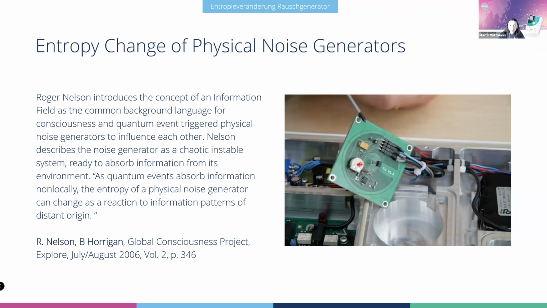As quantum events absorb information non-locally, the entropy of a physical noise generator can change as a reaction to information patterns from distant origin. And that's also very important. Since we are talking about entanglement, and as we heard from Mr. Bean in the beginning, things can be entangled over long distances. That's why information field analyzers actually work even if someone is not in the room next to you.